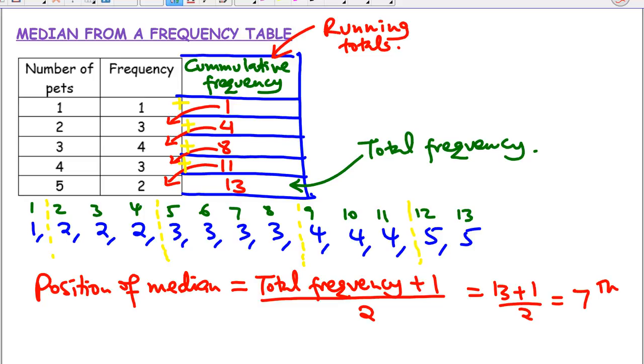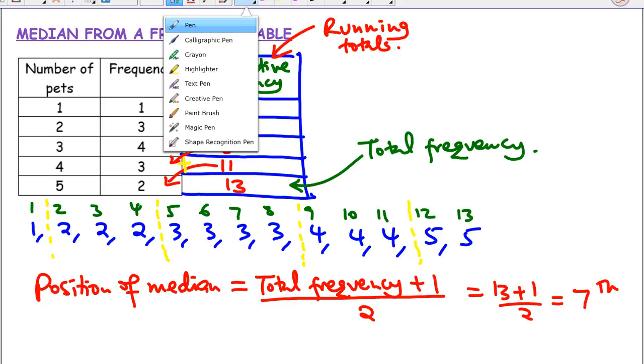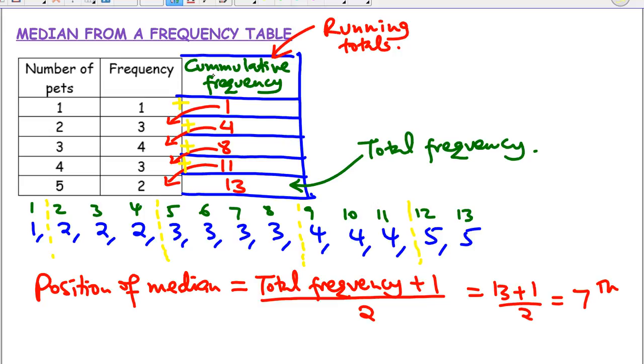By inspecting the table, you can see that 3 occupies the 5th position to the 8th position. Can you see that?